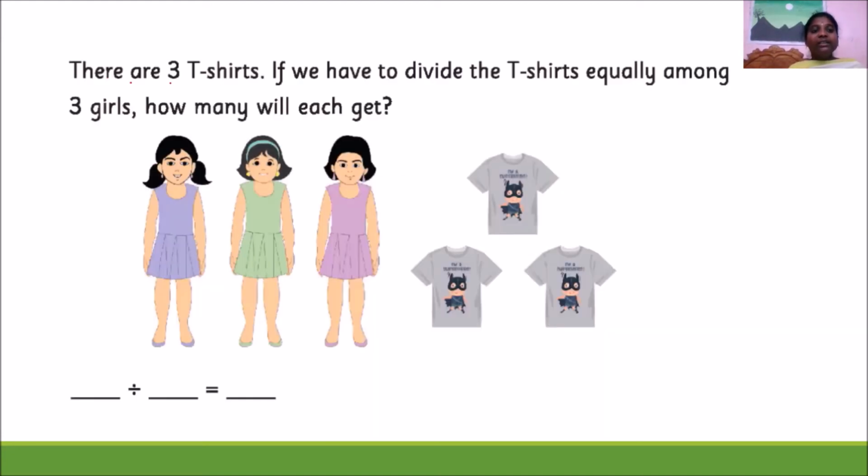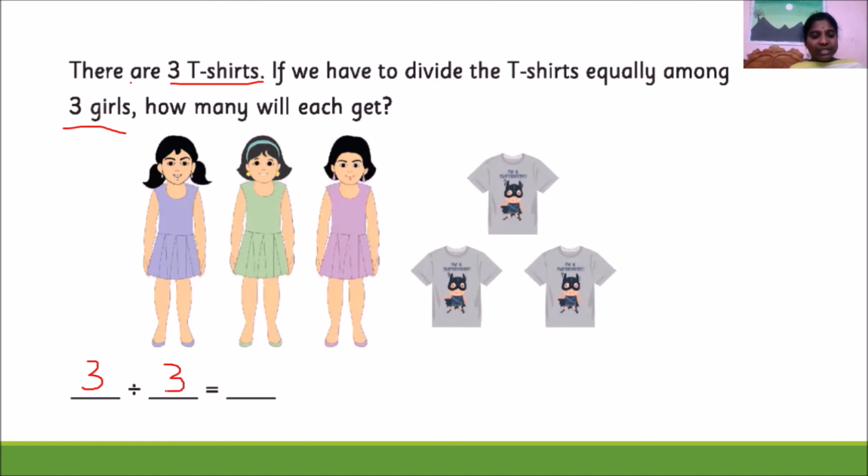There are 3 t-shirts. If we divide the t-shirts equally among 3 girls, how many will each get? Look at the picture. Here you can see 3 girls and 3 t-shirts. That means we have the dividend as 3 and the divisor also 3.